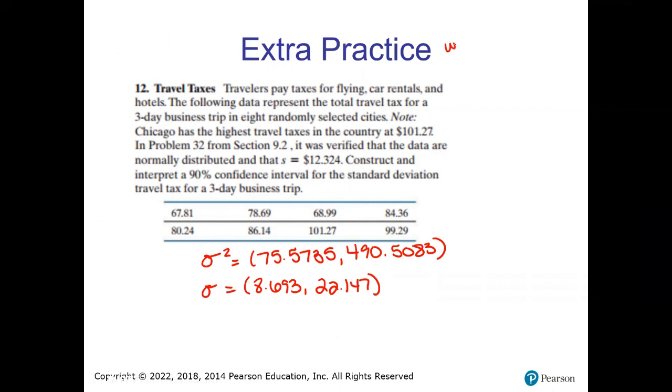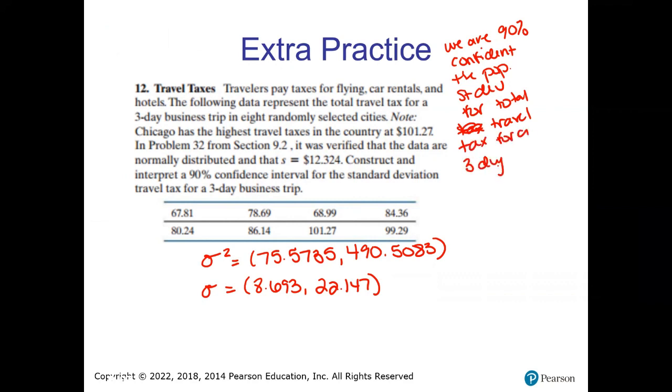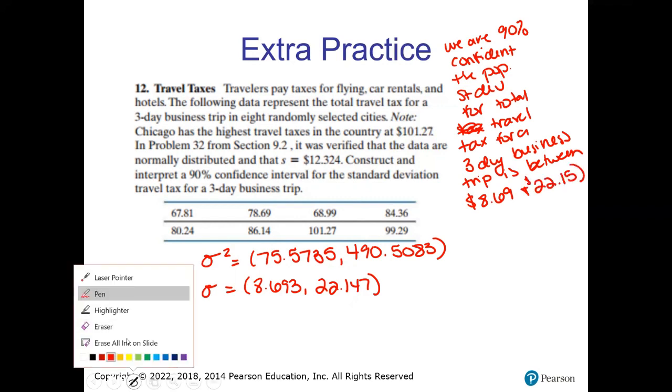And then we can say we are 90% confident the population standard deviation for total travel tax for a 3-day business trip is between $8.69 and $22.15.